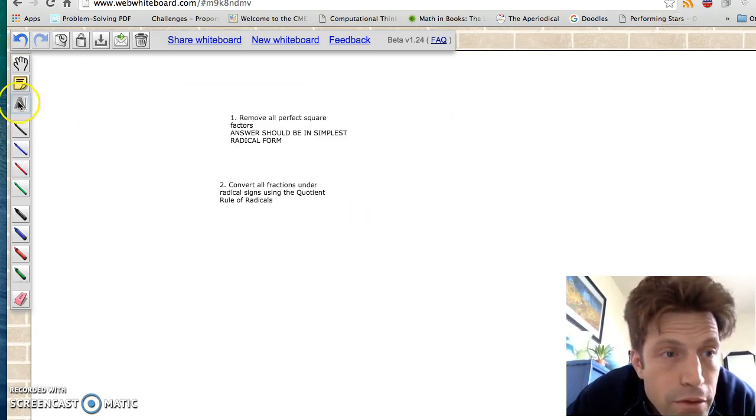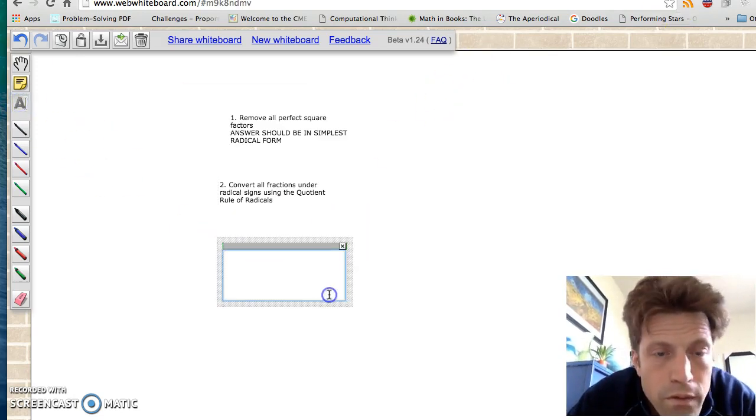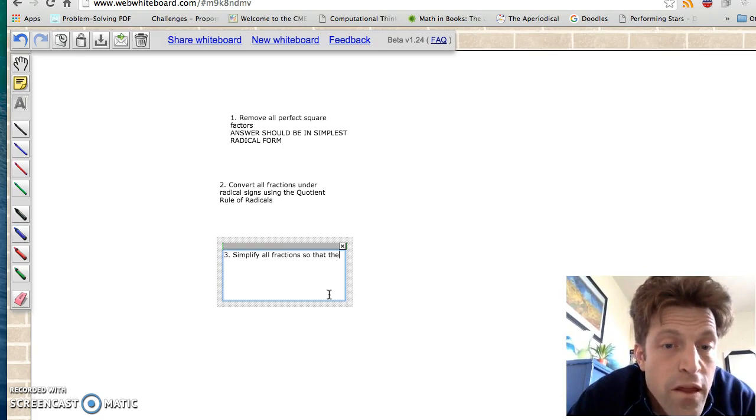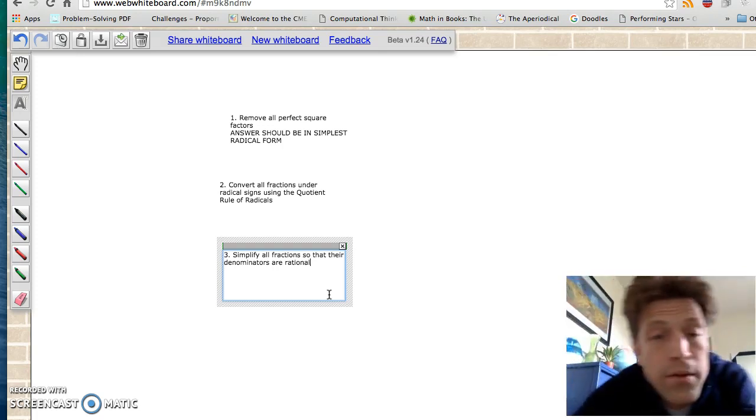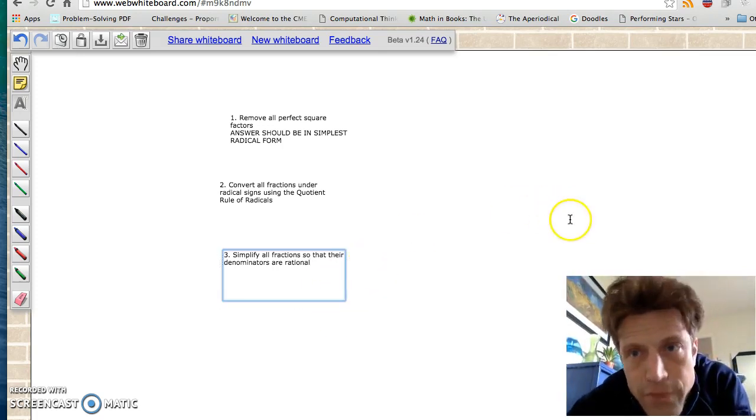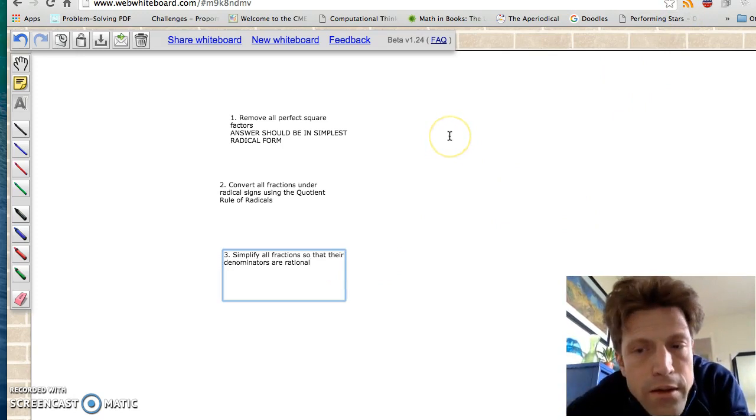And the third rule is: simplify all fractions so that their denominators are rational. So in simplest radical form, my denominator is rational. Now, think about this.